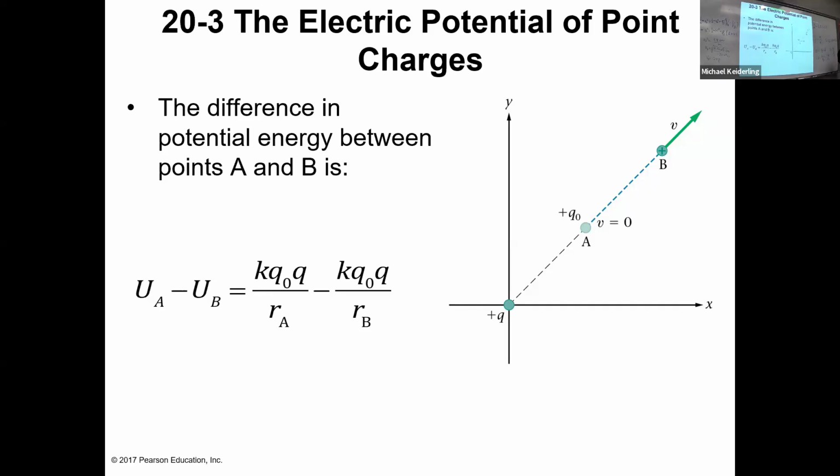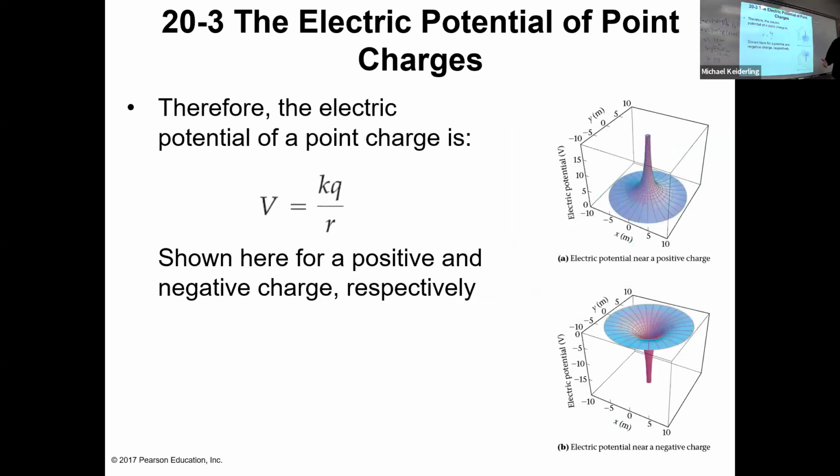Which means for a point charge, we get a useful electric potential by saying that the electric potential of a point charge is KQ over R. And the one assumption we use for this is that we assume that the electric potential at a distance of infinity is 0.